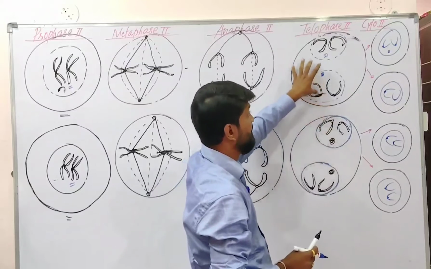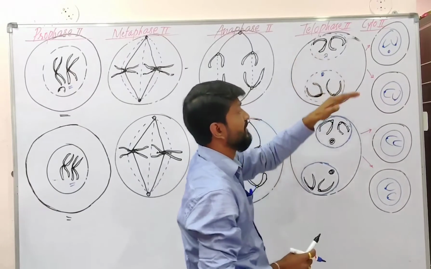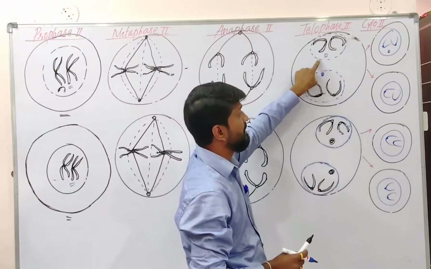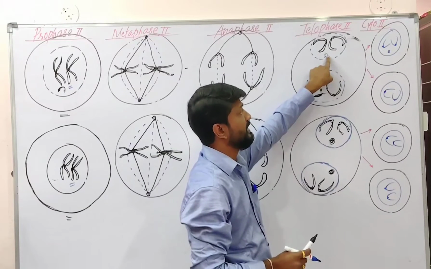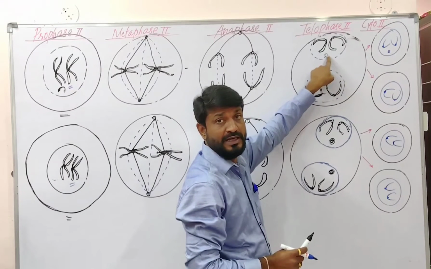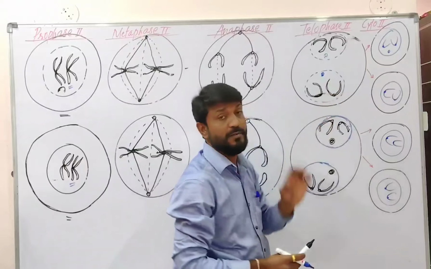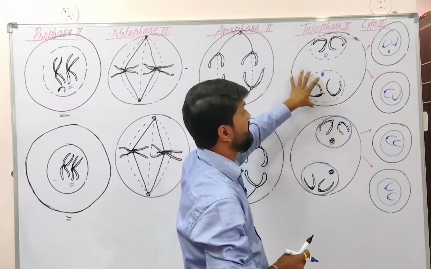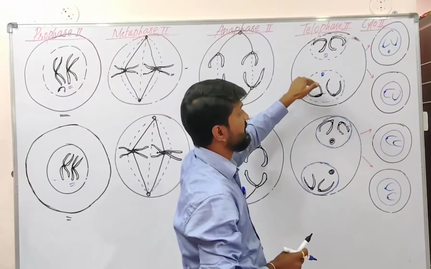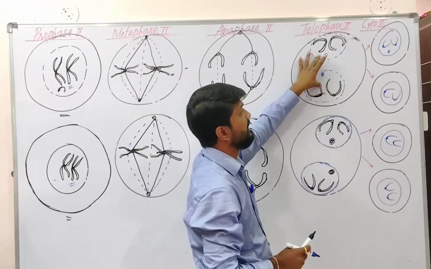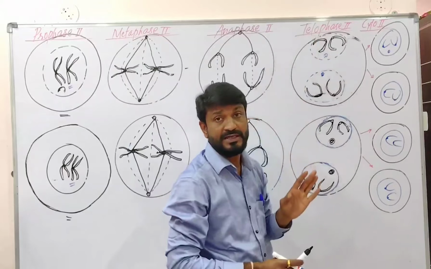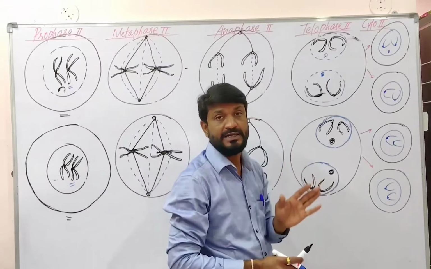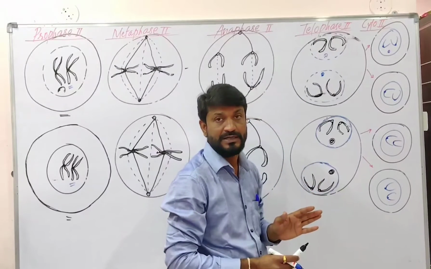Okay. In telophase 1 there was disorganization of nuclear membrane, nucleolus and spindle fiber. In this way, one nucleus will be divided into two nuclei at the end of telophase 2. Here karyokinesis 2 completes. Okay.